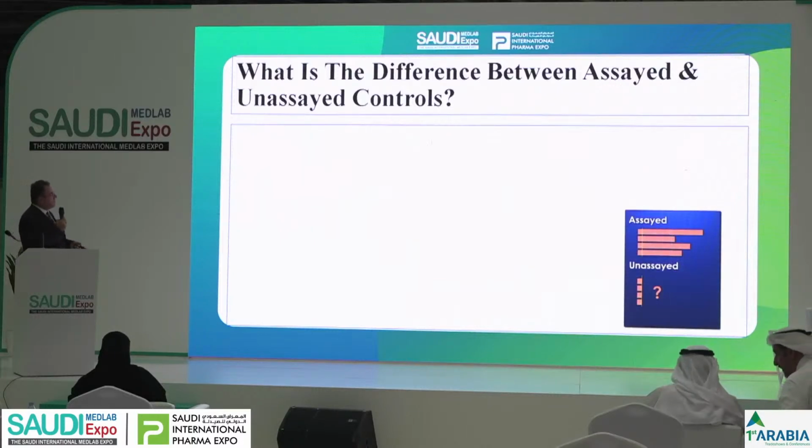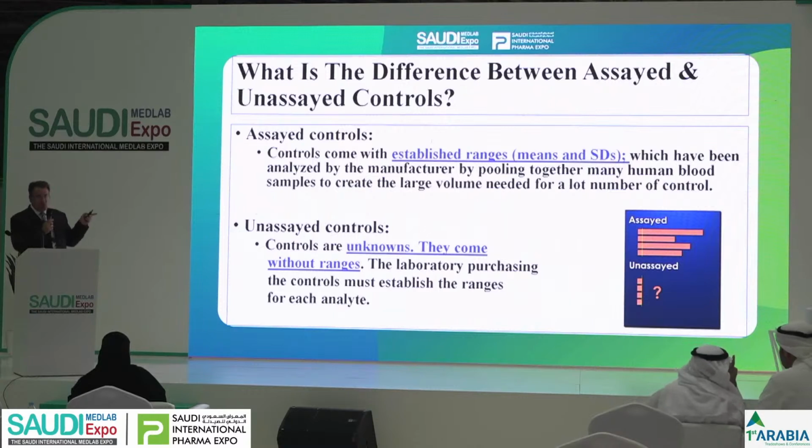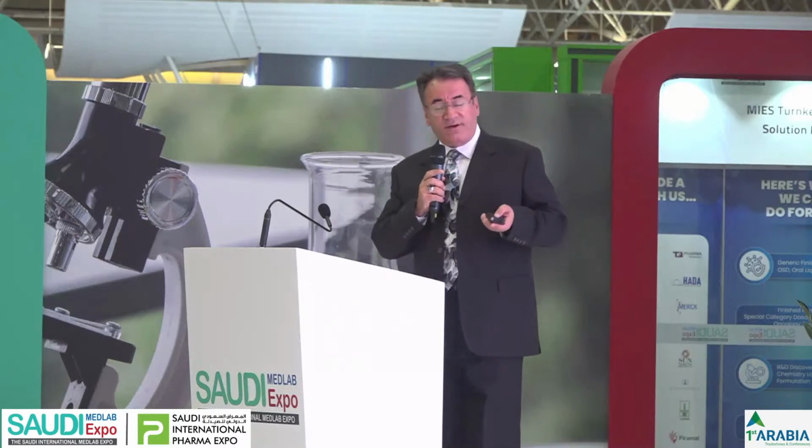Next, we're going to talk about the difference between assayed and unassayed QC. Assayed controls come already from the manufacturer with ranges. They provide you with the ranges. The unassayed controls, which we usually don't have nowadays, mostly we have assayed controls, are unknown.